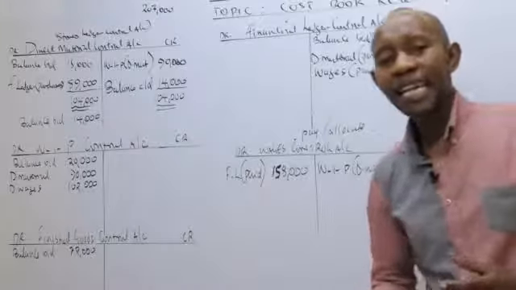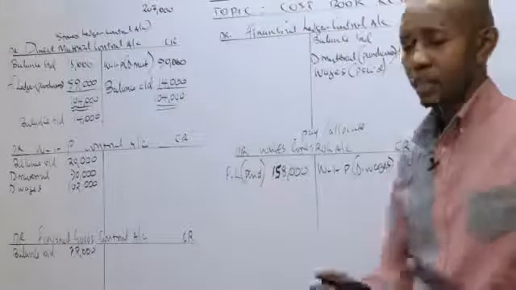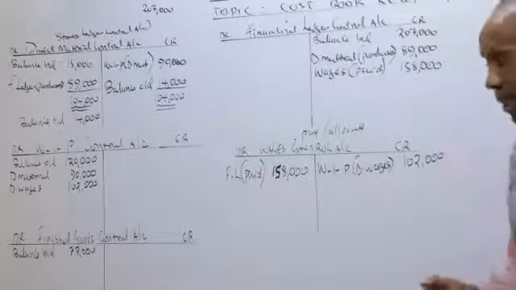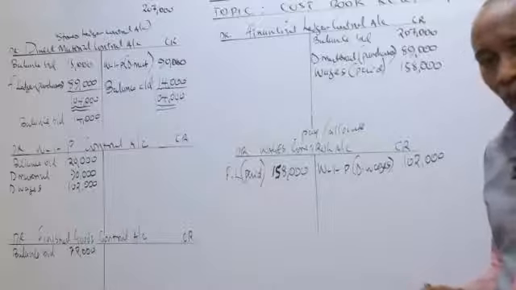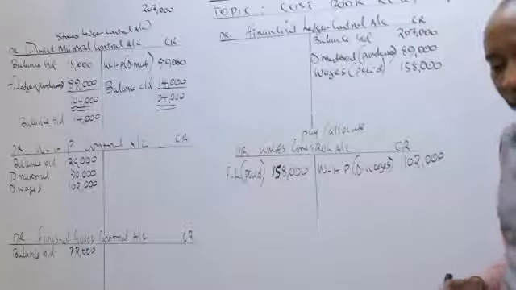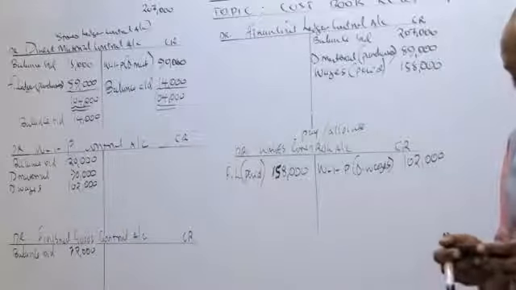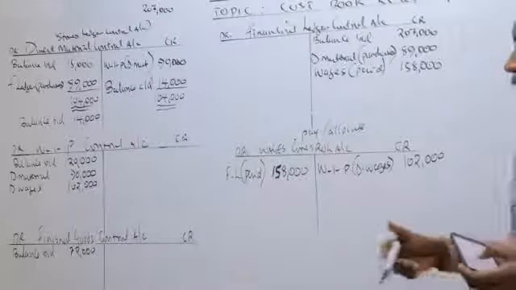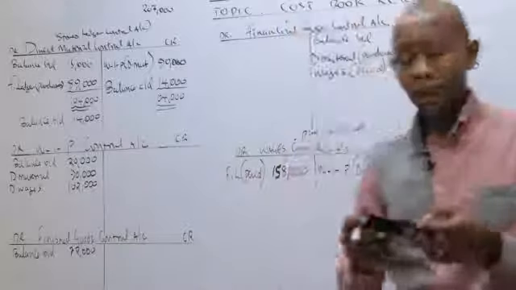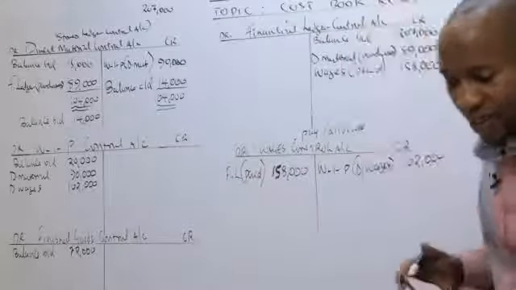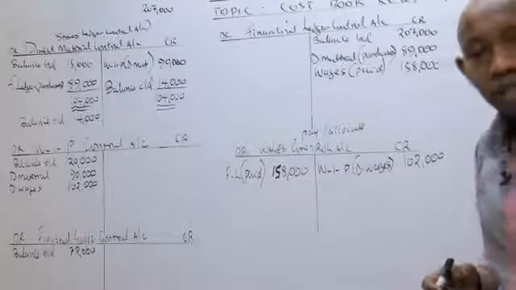Who can tell us the indirect wages? That's an overhead. It will go to which account? Any good guess? We have direct, which I've taken to work in progress. What about the indirect wages paid? It will go to which account? Any good guess?